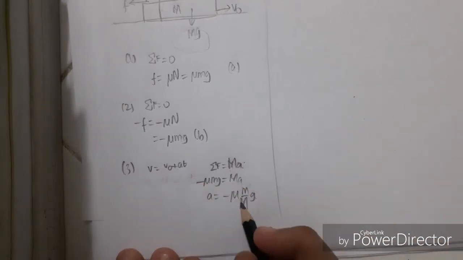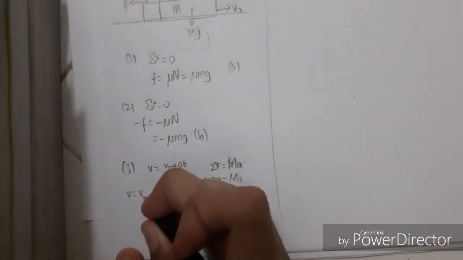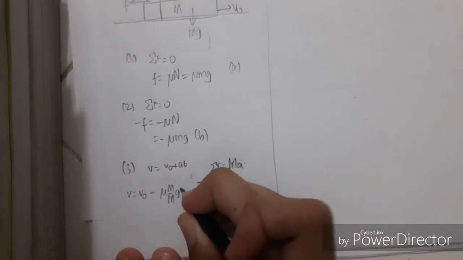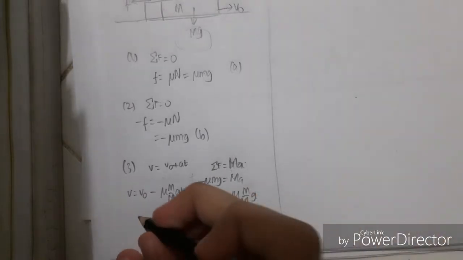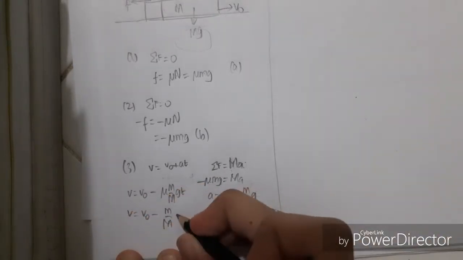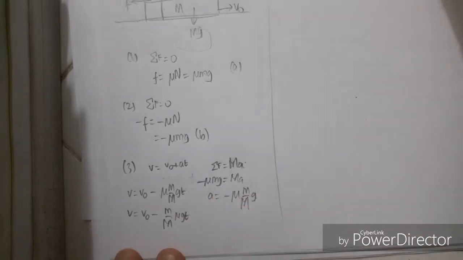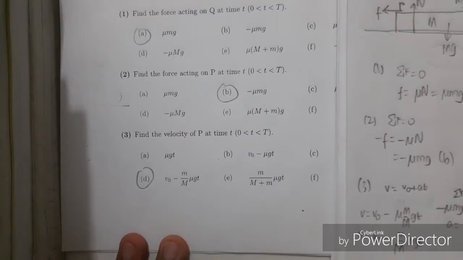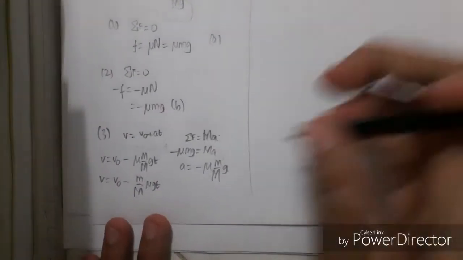So we can substitute a to here, so v equals v0 minus mu m over M gt, and v equals v0 minus little m over capital M mu gt. So the answer is D for this question. So this is D.